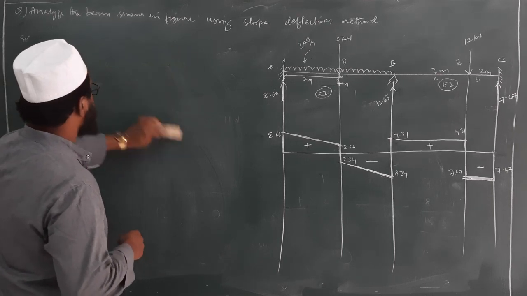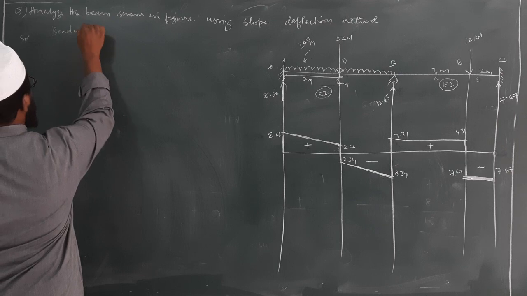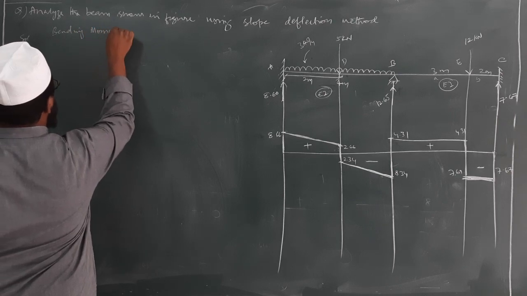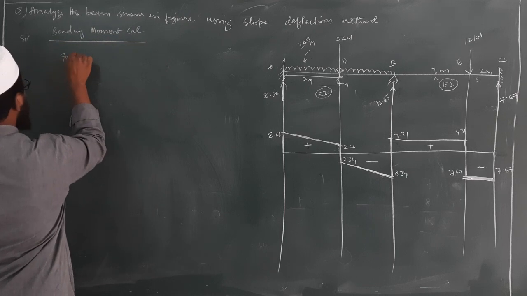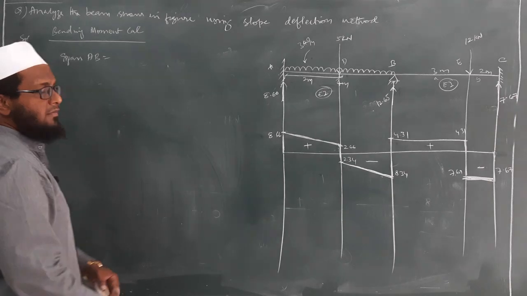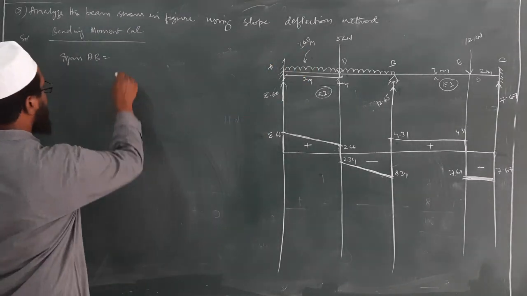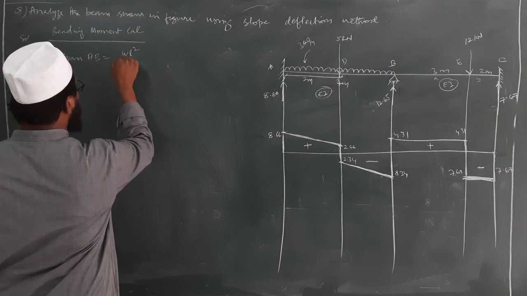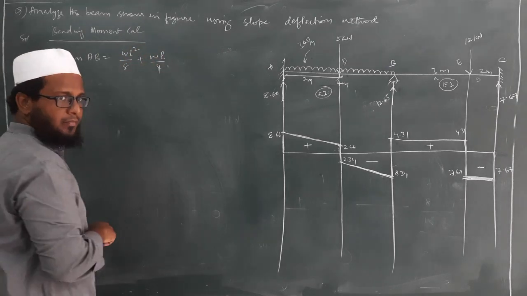So bending moment calculation for span AB. For span AB, we have two loads again, WL square by 8 plus WL by 4. Tell me the value.